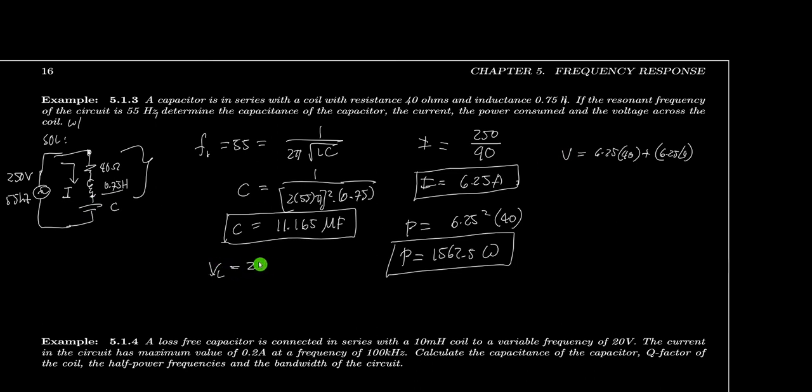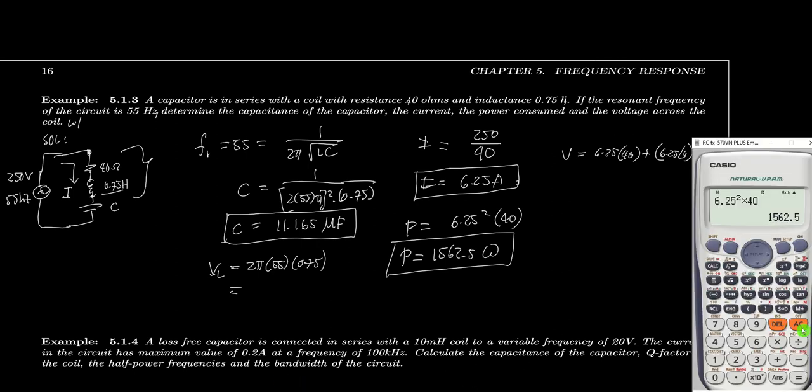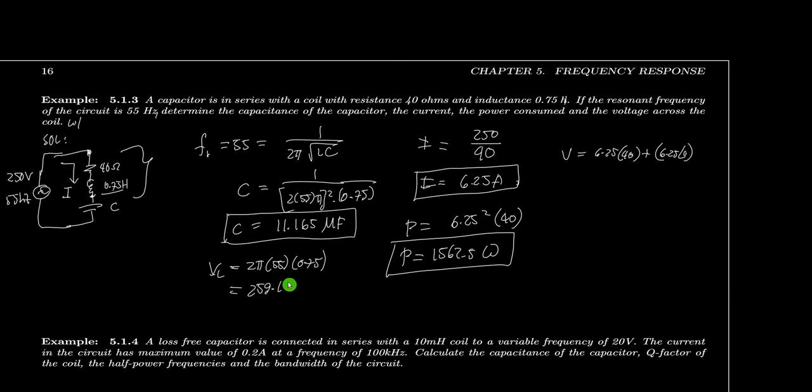XL will be equal to 2 pi times F, which is 55, times the inductance 0.75 henry. That is equal to 259.181 ohms.